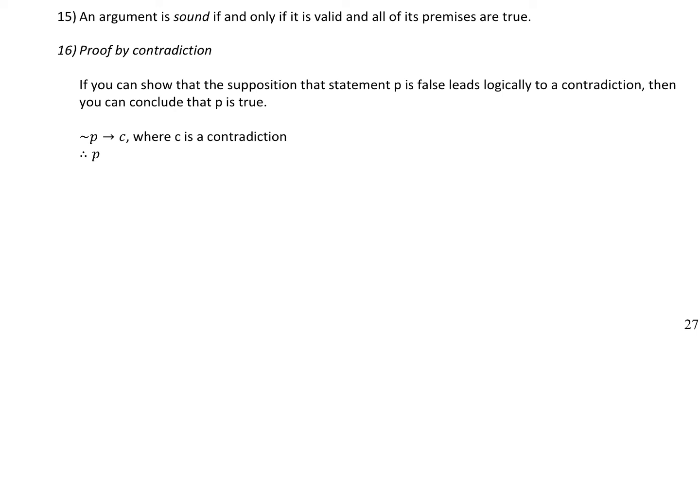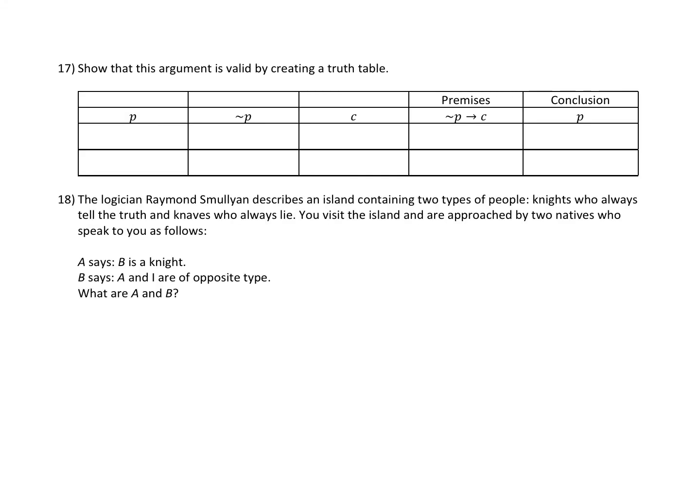So let's show that this argument is valid by creating a truth table. I have it set up already. P and C are my only statements. P can be true or false, but C is always false. A contradiction is always a false statement.